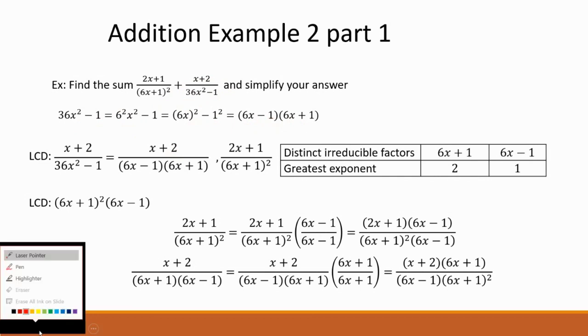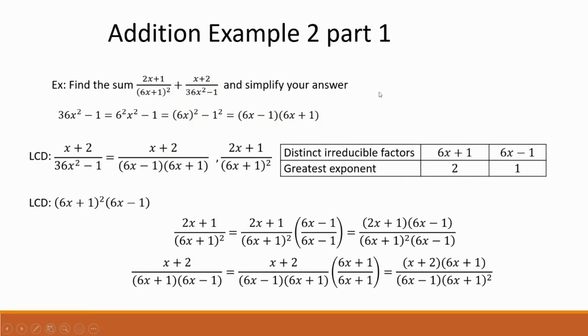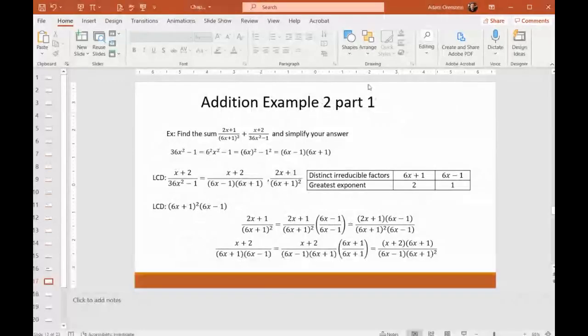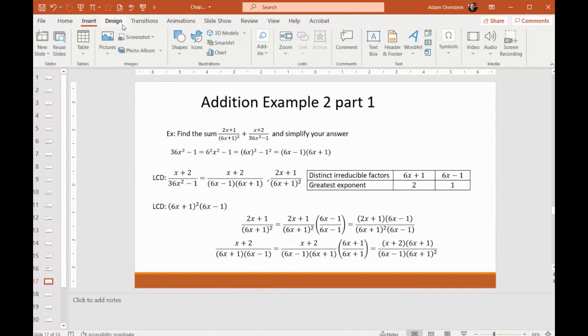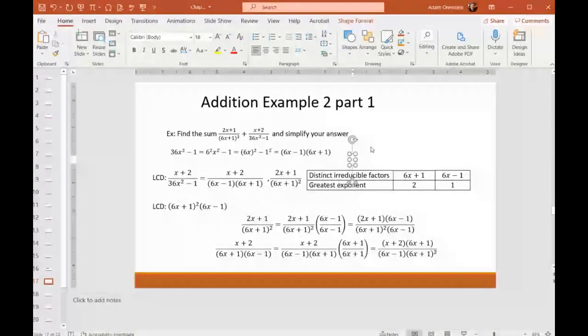Yeah, let me see if I can write out what I'm trying to say. Actually, you know what? Let me do it this way. I was going to write it out with the PowerPoint pen or whatever you call it, but let me just insert it as a text box. That's just easier. Okay. All right, I'll do this.